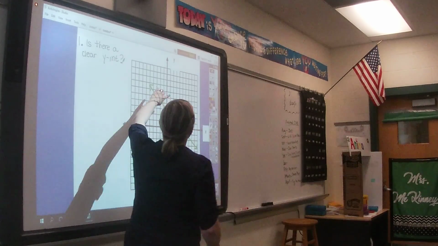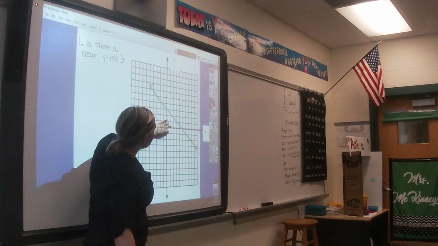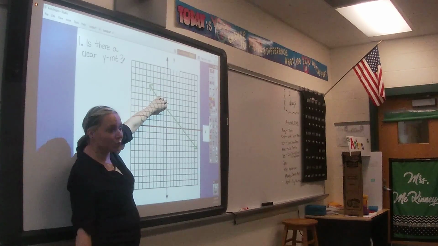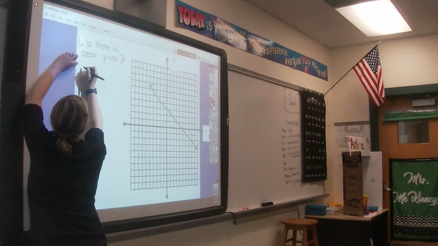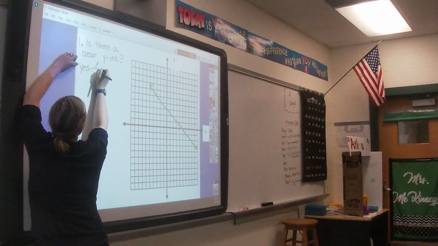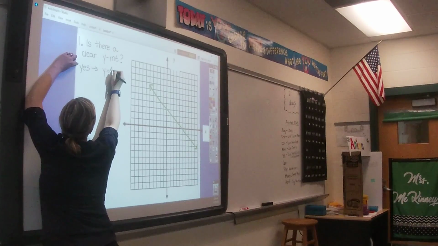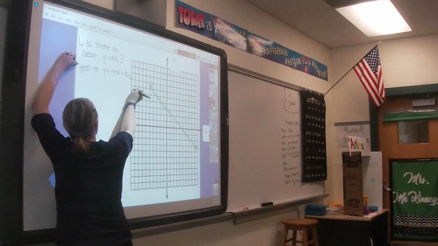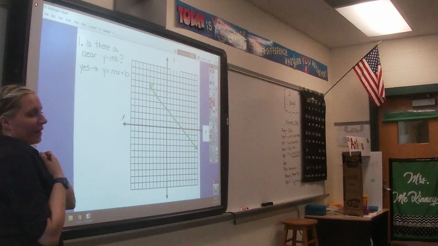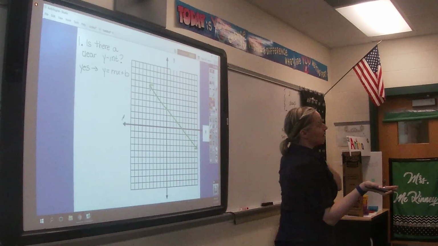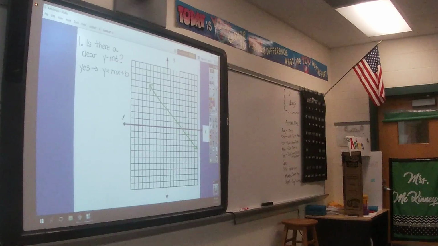But if we look on the y-axis, do we see that this has a super obvious y-intercept? If we say yes, then we are going to use y equals mx plus b form. If it doesn't, we're not going to talk about that today. That gets a whole day of itself.